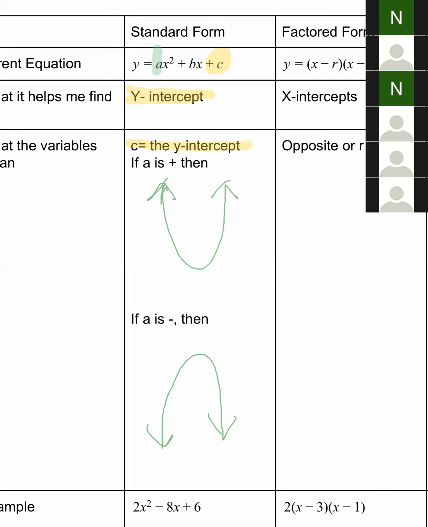So what I'd like you to do is go ahead and type in the equation 2x squared minus 8x plus 6 into Desmos. So pull up Desmos and type it in.